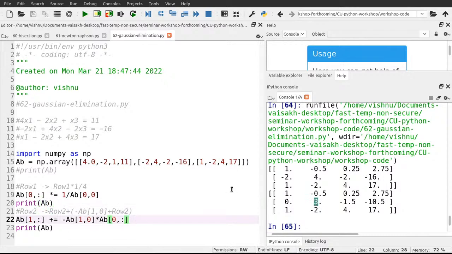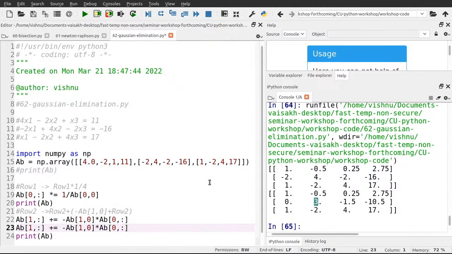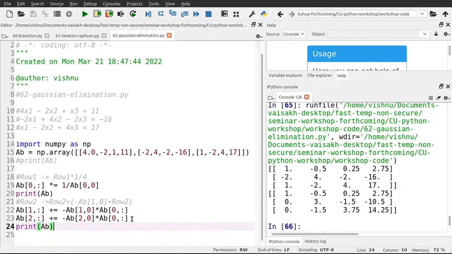Now the same thing we need to do for the other rows. Row 3 also we should exactly do the same thing. So row 2 becomes exactly the same. So that's it, we have got this much.